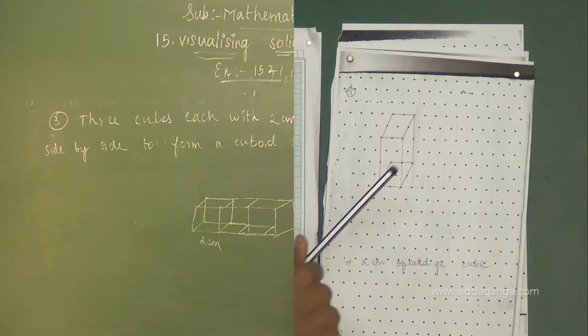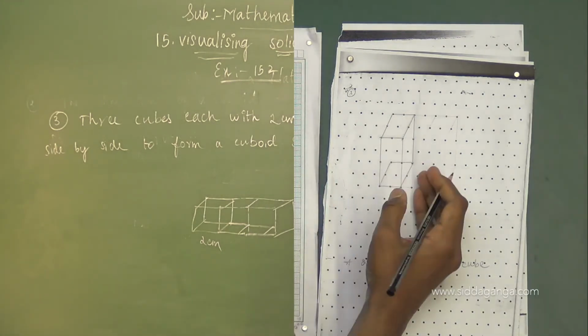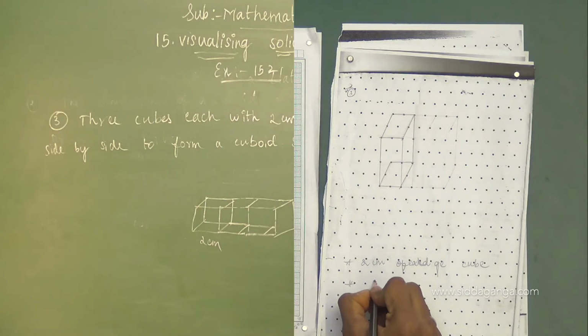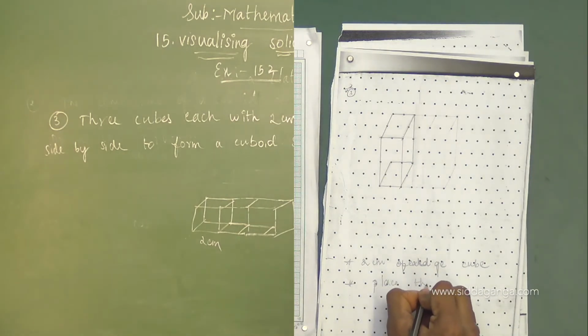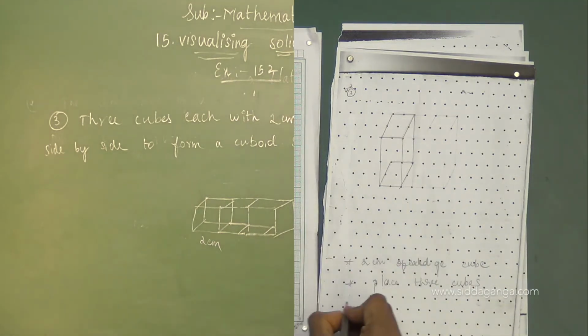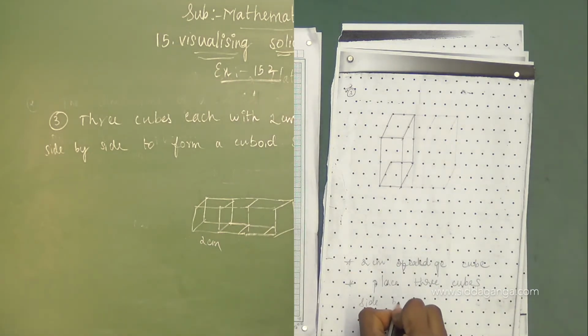Correct? We have to place 3 cubes side by side in this isometric dot paper. Next, place 3 cubes side by side. Correct?